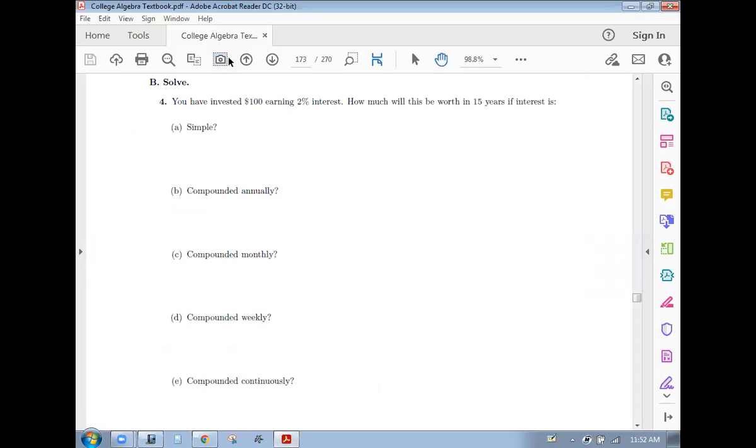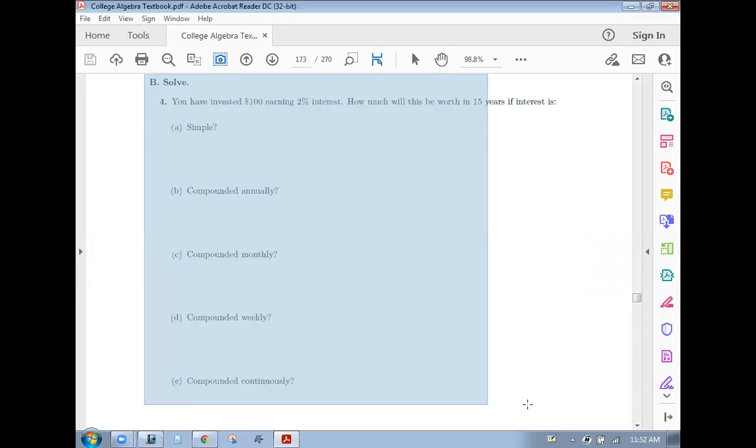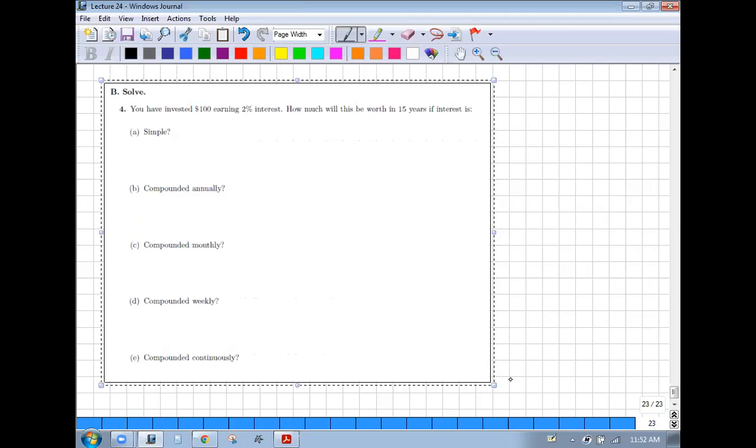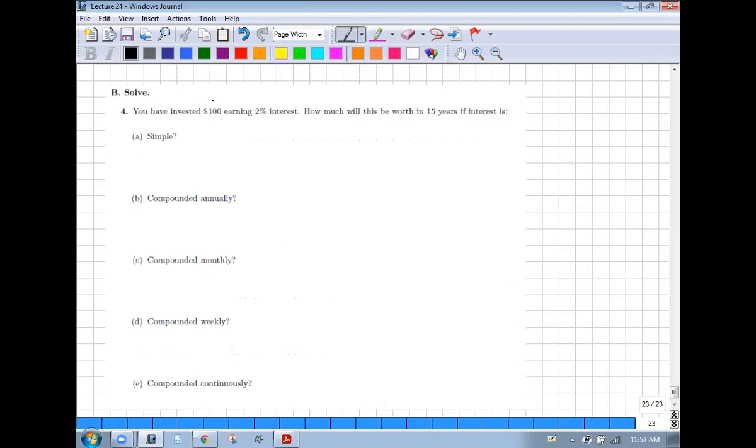All right, solve. So we have $100. So that's our principal. That's how much we've invested. Our interest rate here is 2% or 0.02. How much would this be worth in 15 years? So t is 15.